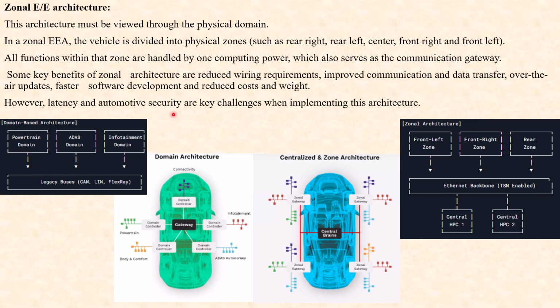Latency and security have definitely improved, but they still are key challenges which need to be addressed. Okay, I recommend all of you to pause the video and see these drawings clearly. You will get an idea what exactly this zonal E architecture means and why it is so advantageous.